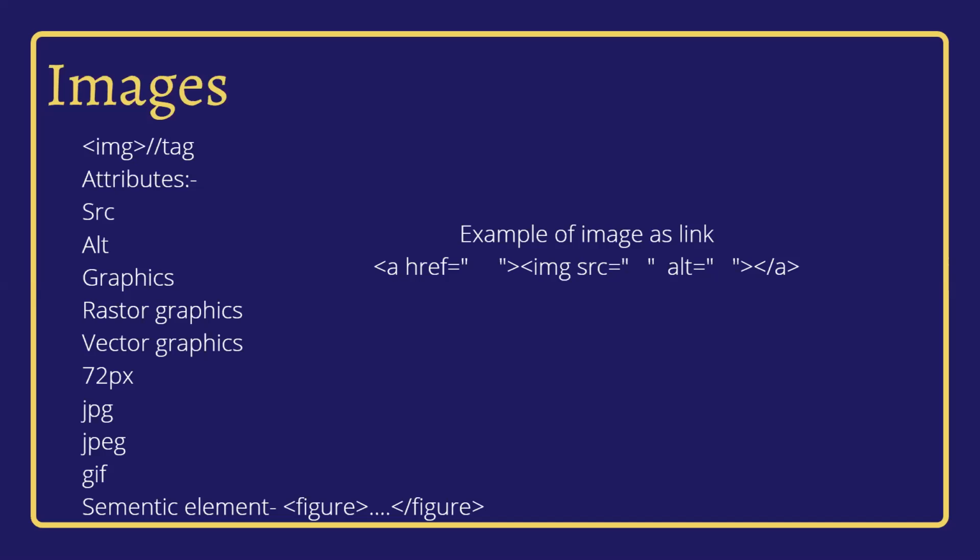If we want to make images responsive, then we can combine the alternative tag, image tag and the anchor tag so that our image will be responsive. So what is meant by the responsive image? The image, when we click on it, will redirect us to another page, that is known as the responsive.